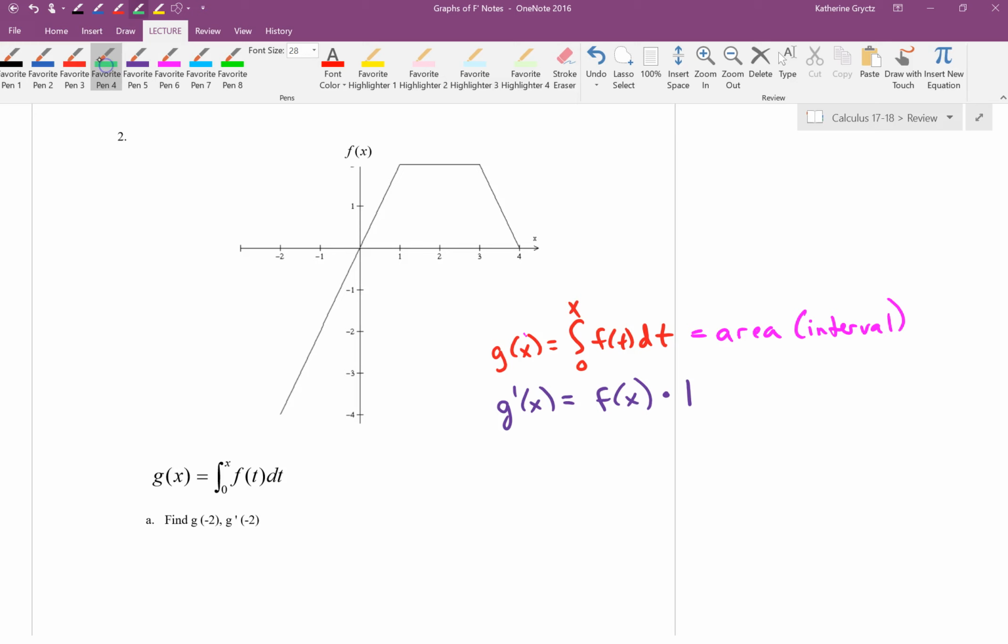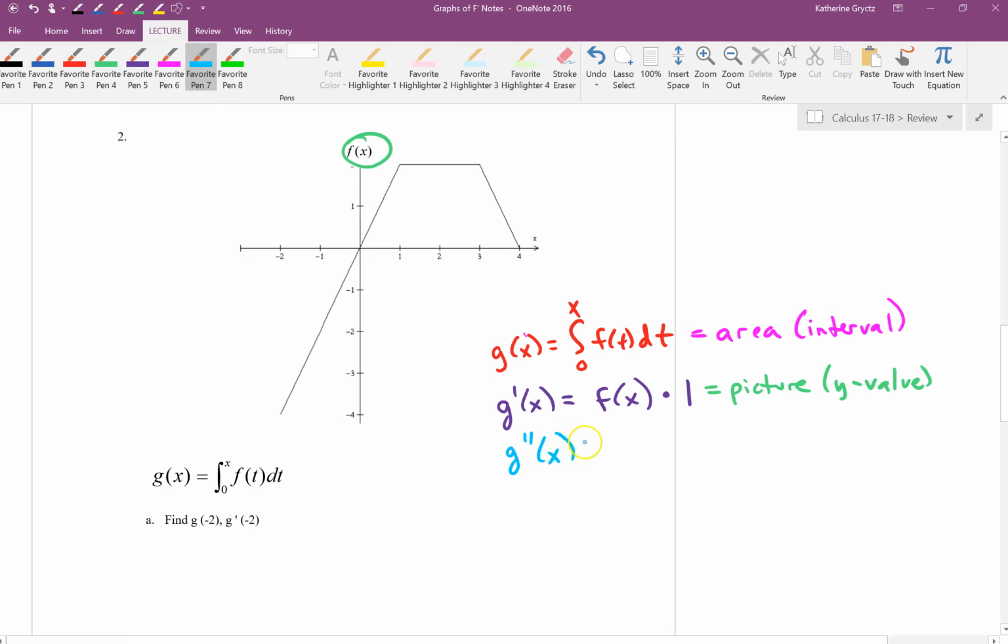So then g prime of x is just equal to f of x, but you have to relate that to the picture. Well, this is just f of x, so f of x actually is the picture, and it's the y value on the picture, because f of x is on the y-axis. So then what if they asked us about g double prime?